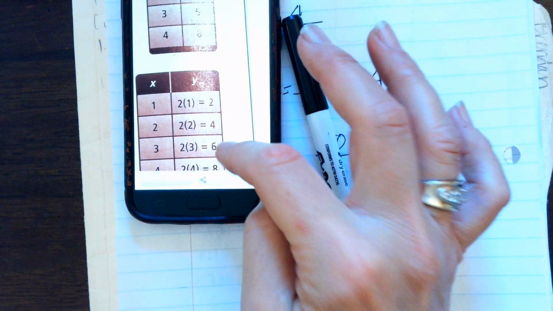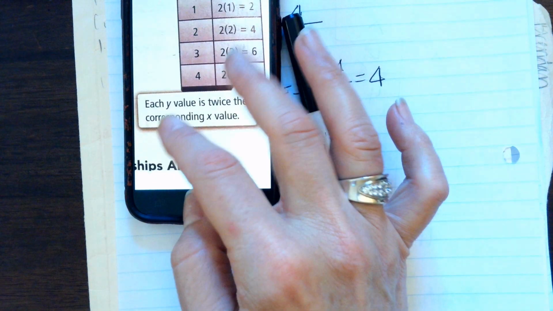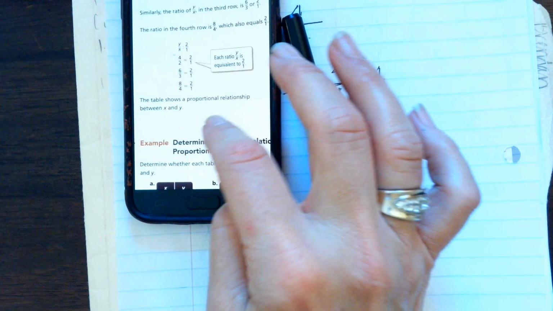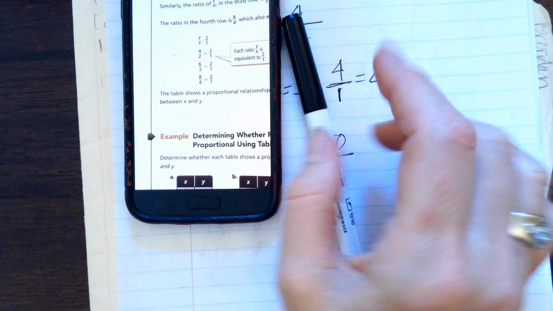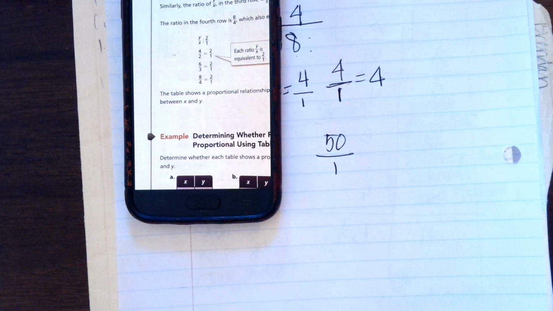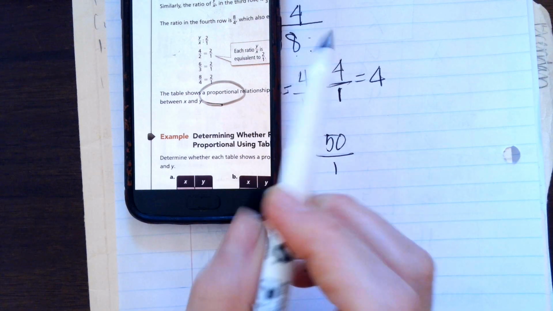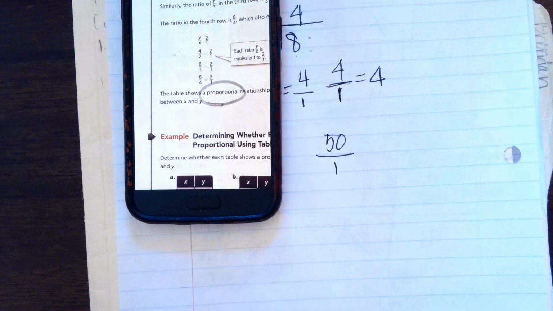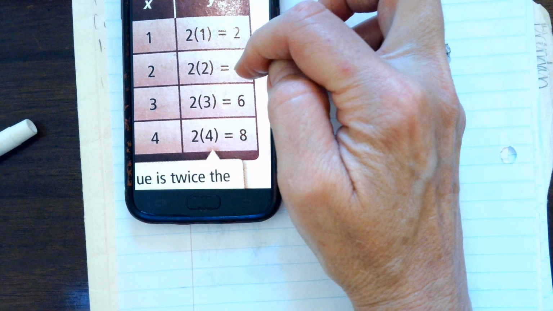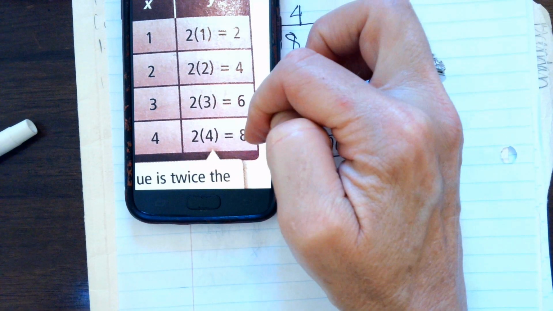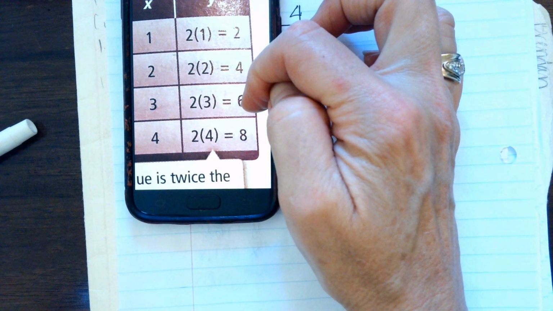So our next example, when you solve, it's 2, 4, 6, and 8. So it is not proportional in the same way, but there is a pattern to it. So it does show a proportional relationship. And how I will know that is when I go from this tier to this tier and this tier to this tier and this tier to this tier, they're all going up by 2.